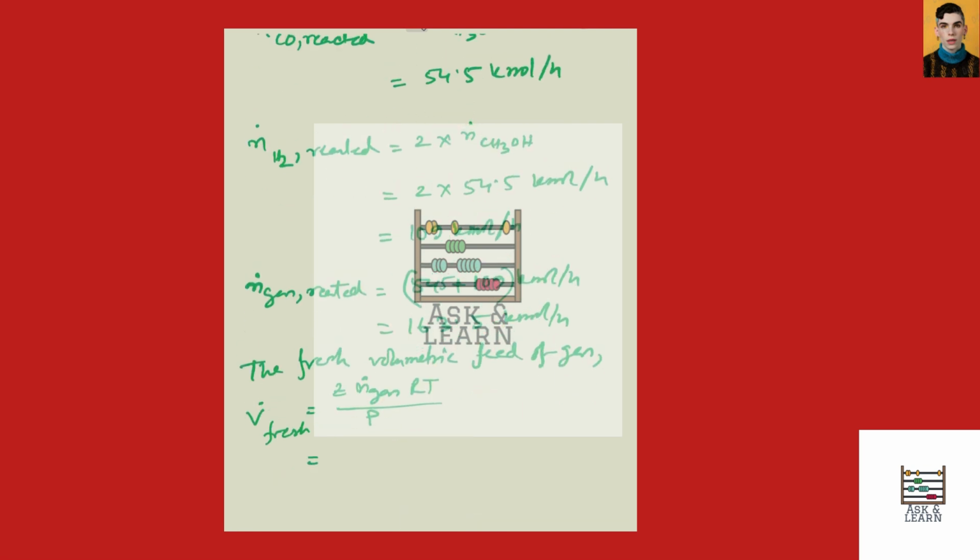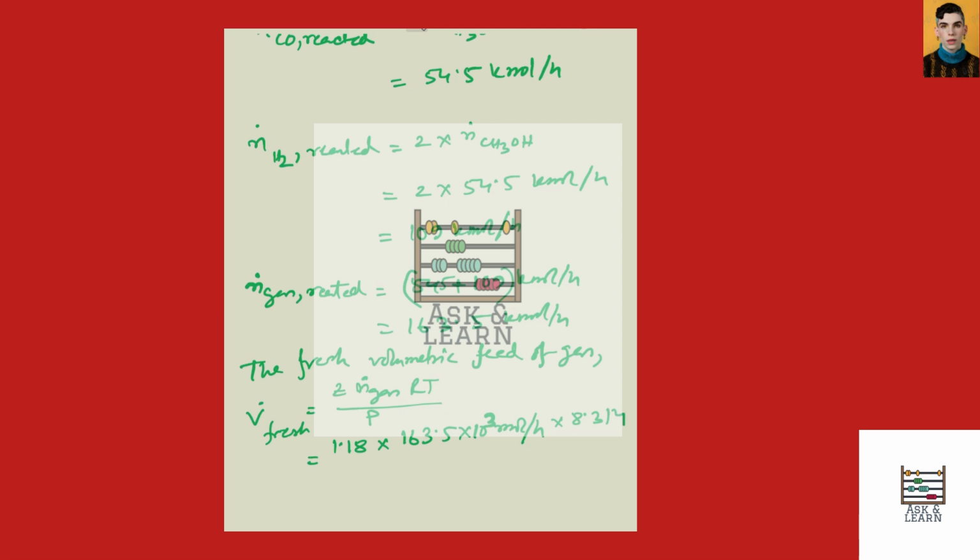Let's insert all the values. 1.18 multiplied by the gas constant multiplied by the number of moles, which is 163.5 times 10 cubed mol per hour.